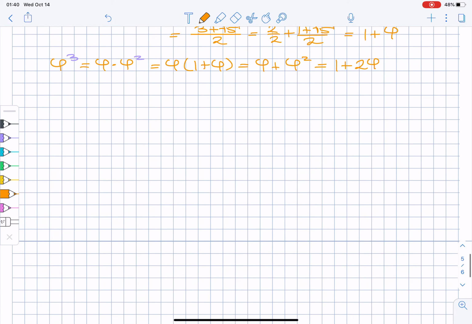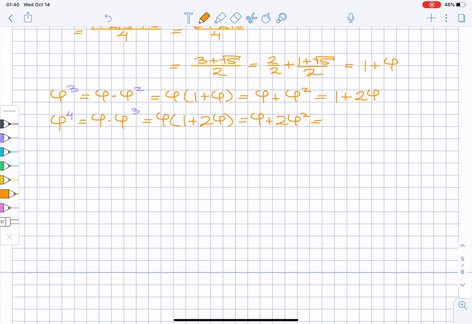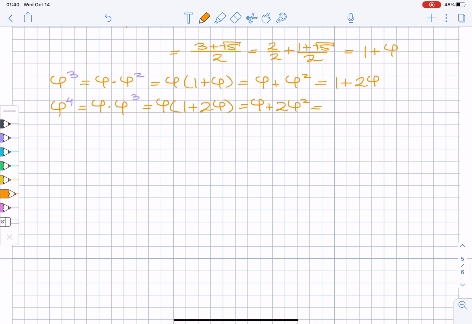Okay, what about phi to the 4th power? Once again, it's just going to be phi times phi cubed. So this is phi times the quantity 1 plus 2 phi, or phi plus 2 phi squared. So that's 2 plus 2 phi, plus 1 phi, which is 2 plus 3 phi.